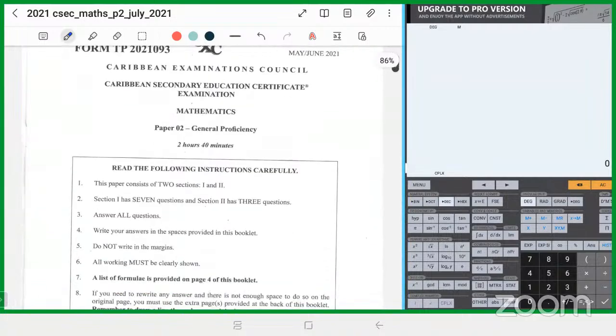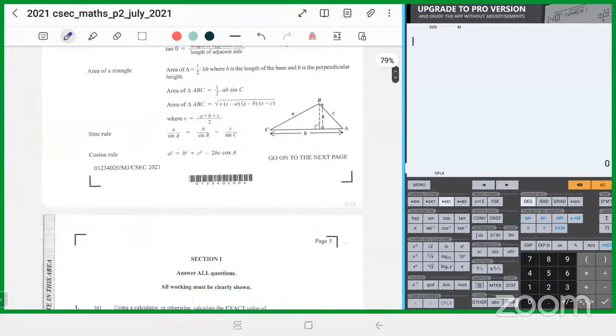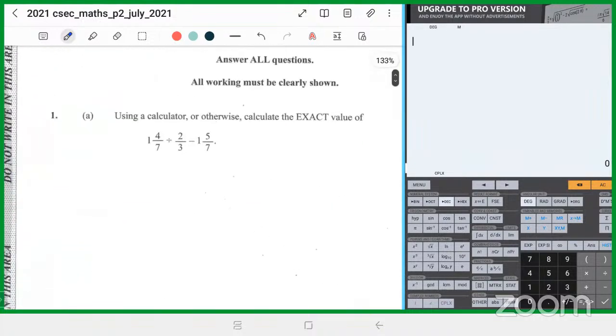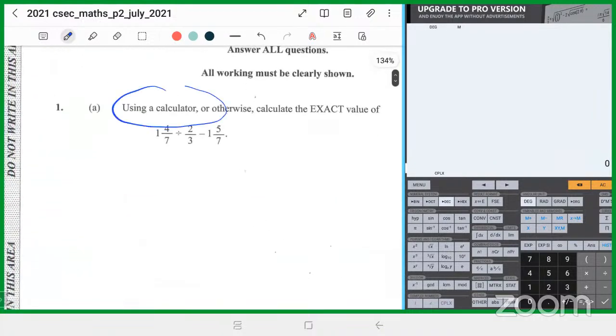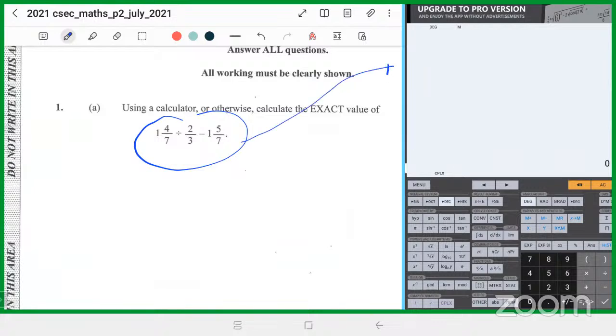First question. Always a calculator question. I want us to use a calculator to work this out. So it's basically typing this in the calculator exactly as it appears there. Starting out with a mixed number of 1 and 4/7. Then we're dividing by a fraction, 2/3.